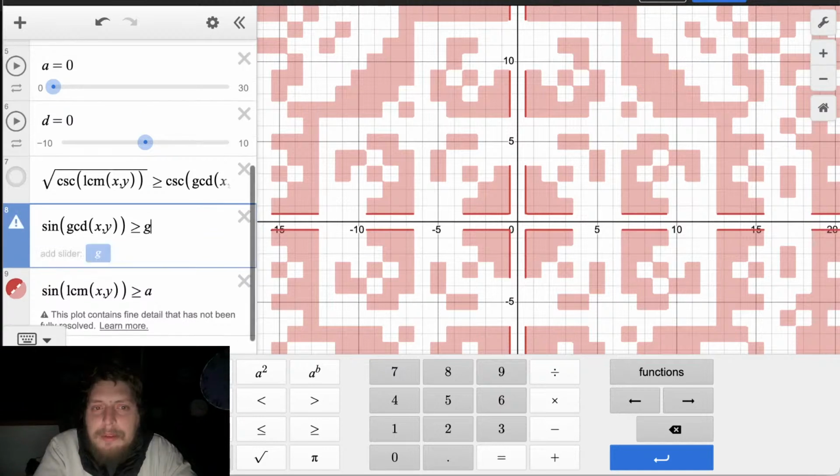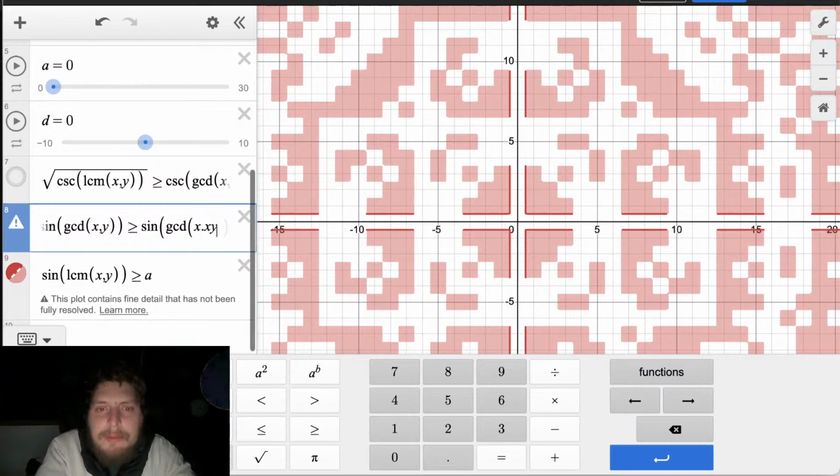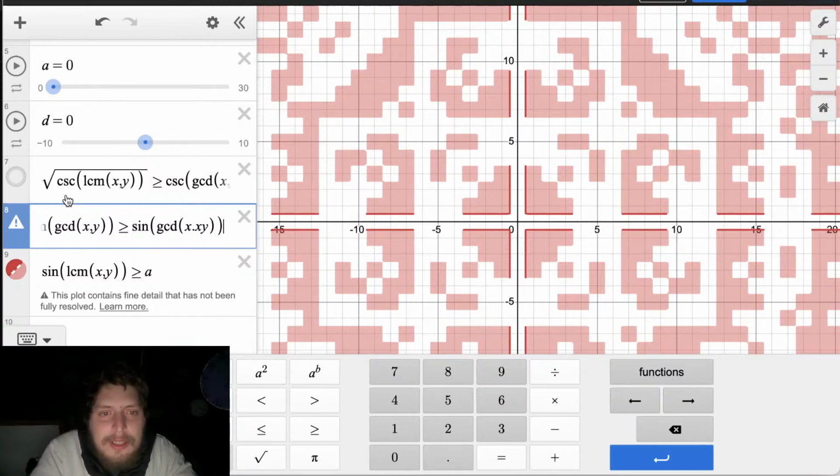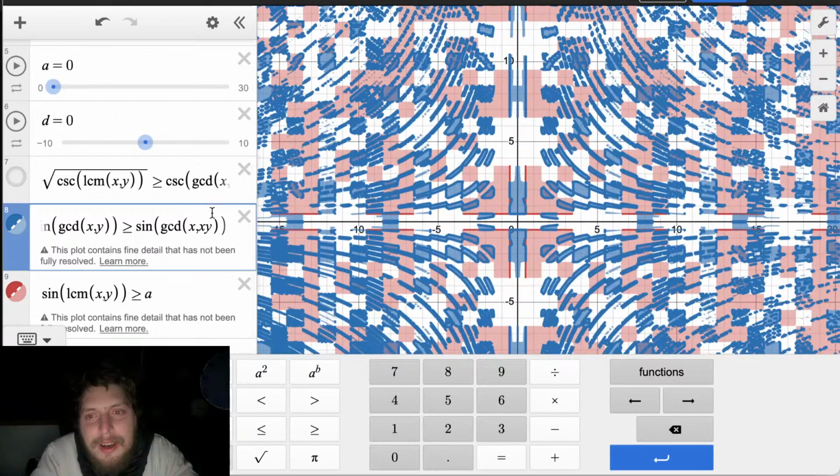Same type with something slightly different. So here we're going to have to say, like, the greatest common denominator of x and xy or something. What went wrong there? Cannot access coordinate point x of a number. Yeah, I didn't mean point x. You're right. I meant comma.